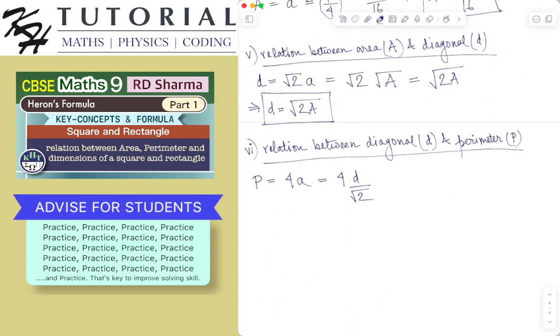Now it is always recommended that whenever you are simplifying an arithmetic expression, never keep square root of anything in the denominator, always try to keep the denominator an integer value. So what will I do? I do not want square root of 2 in the denominator. So I will multiply both the numerator and the denominator with square root of 2.